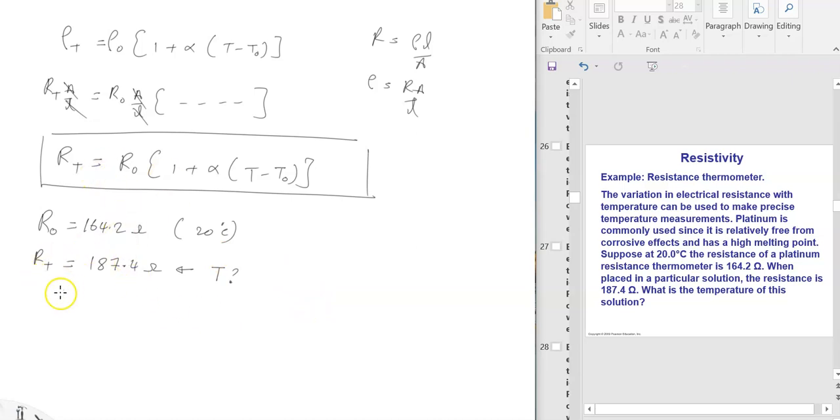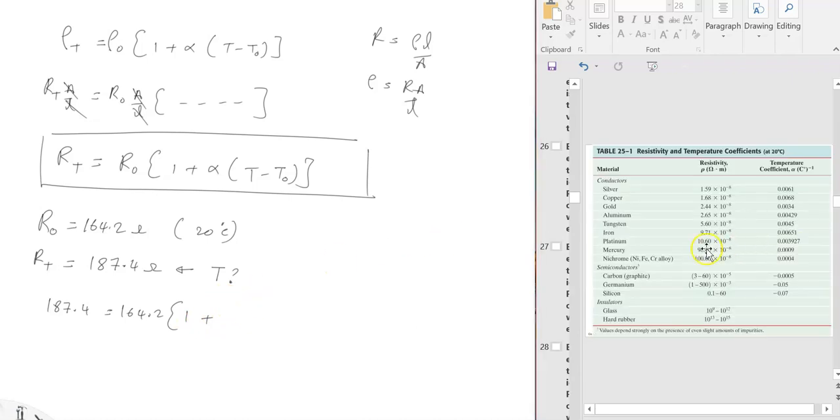Okay, use the equation. R_T, 187.4, equals R_0, 164.2, times (1 plus alpha. Now what is it? Platinum. So go to the table. Look for platinum. 10.6 times 10 to the negative 8.